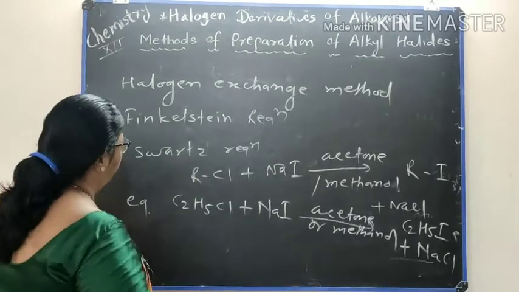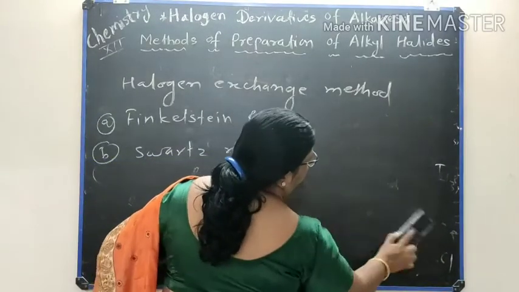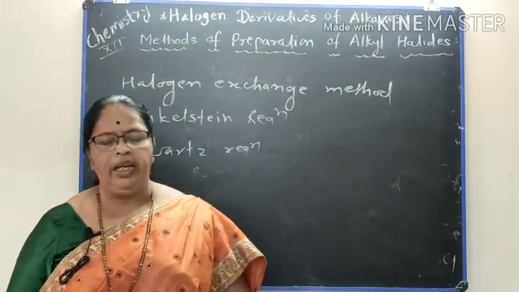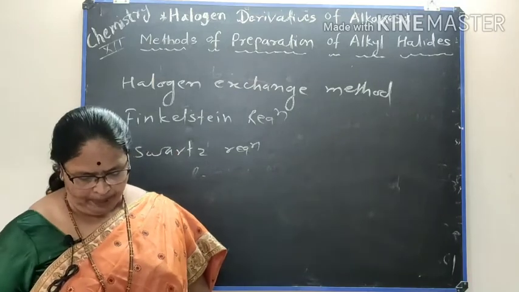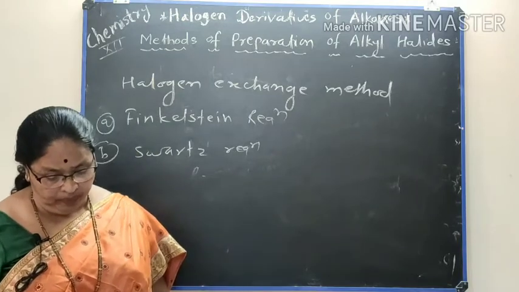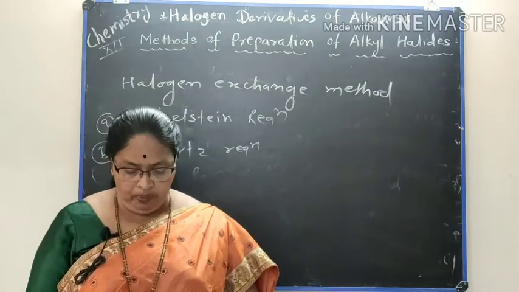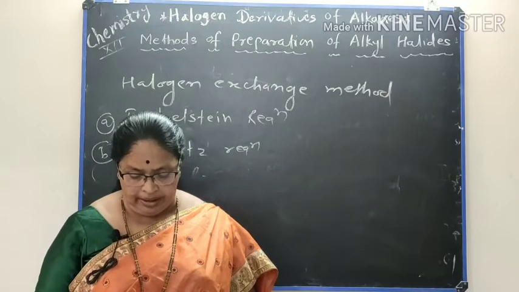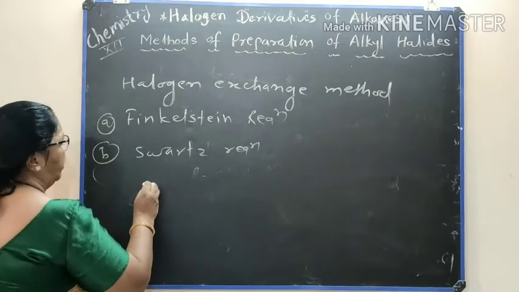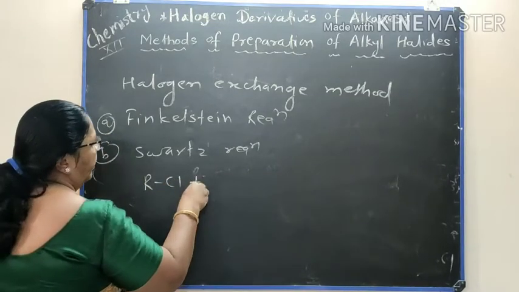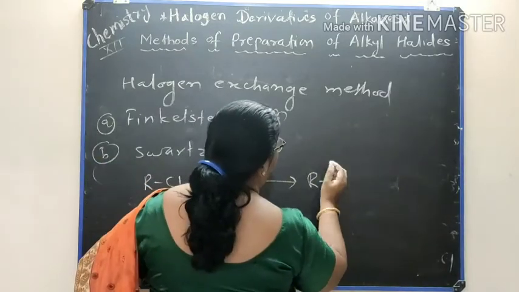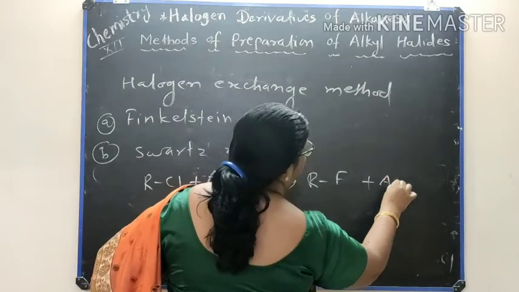The next one is the Schwarz reaction. In the Schwarz reaction, alkyl fluorides are prepared by heating alkyl chlorides or bromides with metal fluorides such as silver fluoride, mercurous fluoride, arsenic fluoride or tin fluoride. Suppose alkyl chloride is treated with silver fluoride, it produces alkyl fluoride with silver chloride.